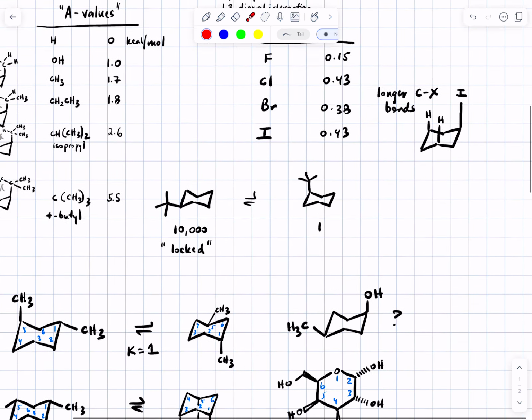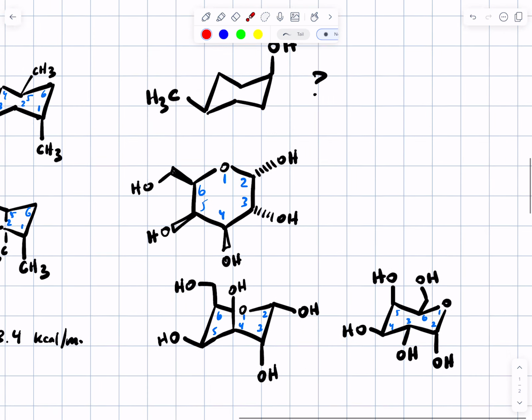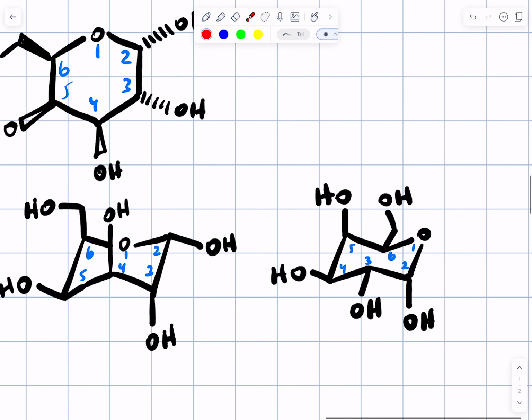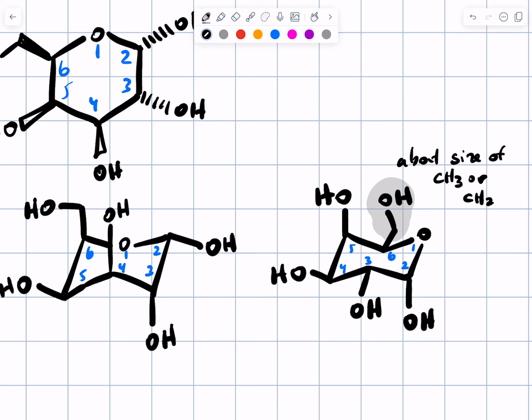So the CH2OH group, or the hydroxymethyl group, just based on what we talked about, should be about the size of methyl or CH2CH3.